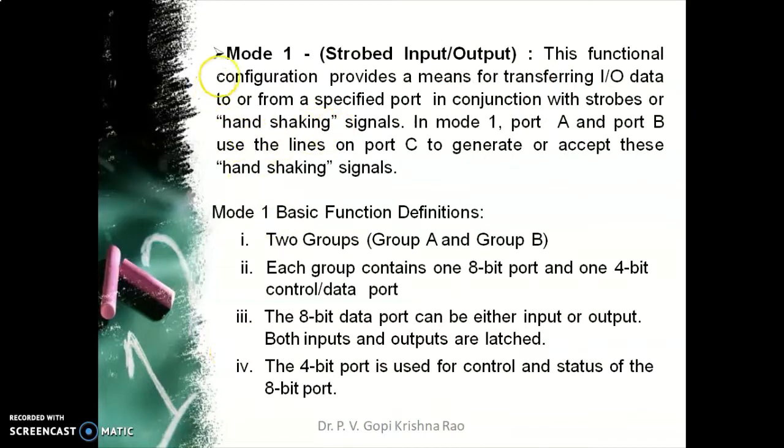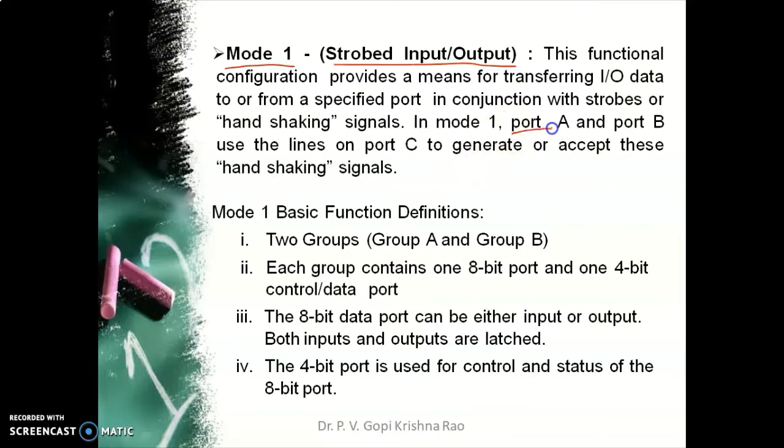Mode 1 of operation is a strobed input output mode, or handshaked input output mode, or input output mode with acknowledgement. This functionality provides a means of transferring IO data to and from a specified port with handshake signals. So there is a clear authentication of whether the receiver is receiving the data, the transmitter is transmitting the data, and whether the data is successfully transmitted and received.